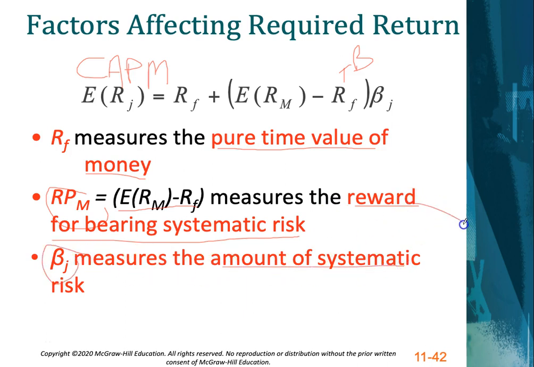So these two things here are related, right? Beta measures the sensitivity to systematic risk, and this measures systematic risk. Okay, so that kind of breaks down what this capital asset pricing model is all about.